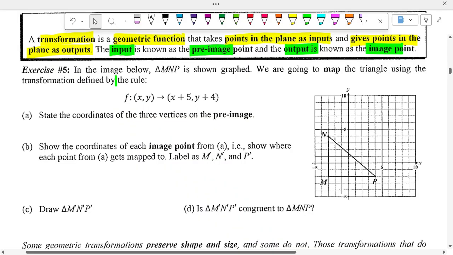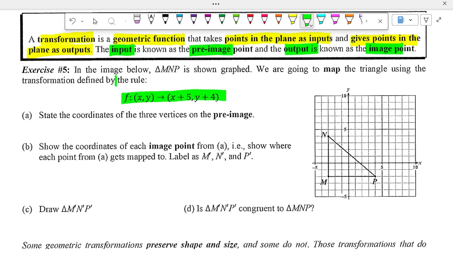All right, so first off, this next rule, they gave us the image on the graph, and they gave us this rule. All right, so if we're given the point x, y, the transformed image would be x plus 5 and y plus 4.